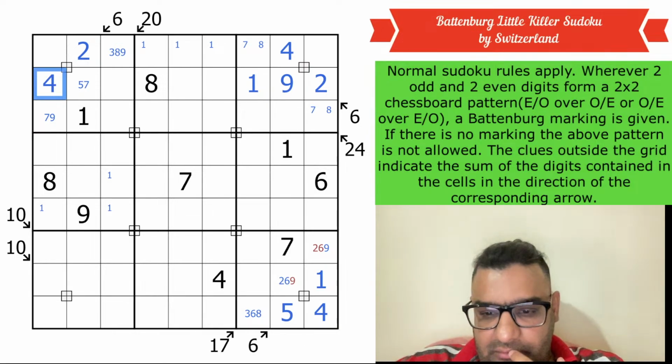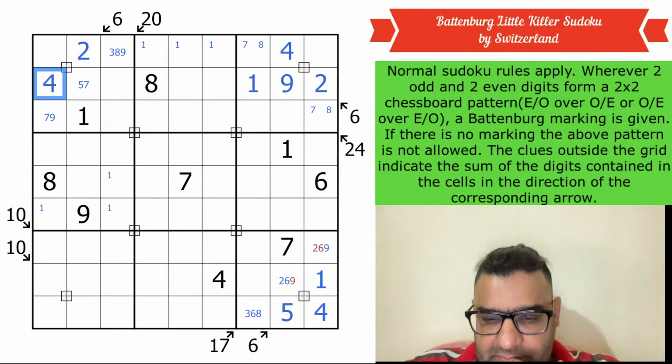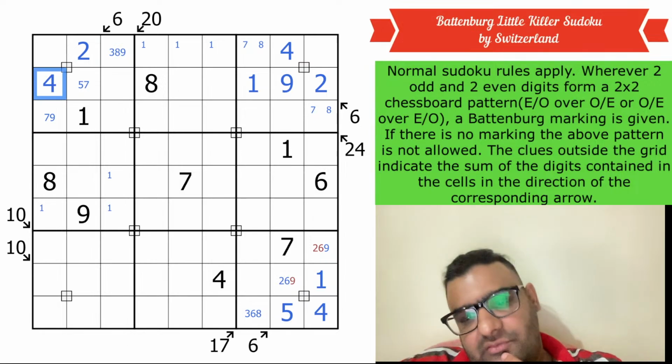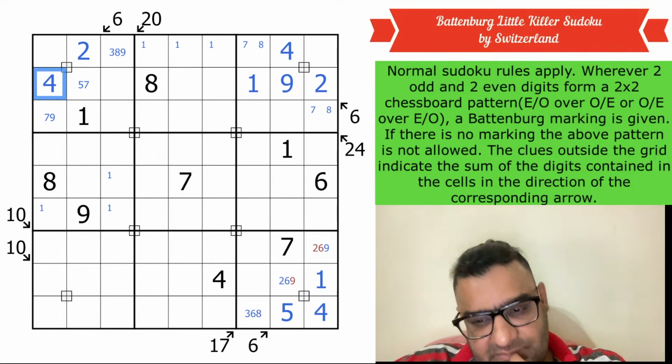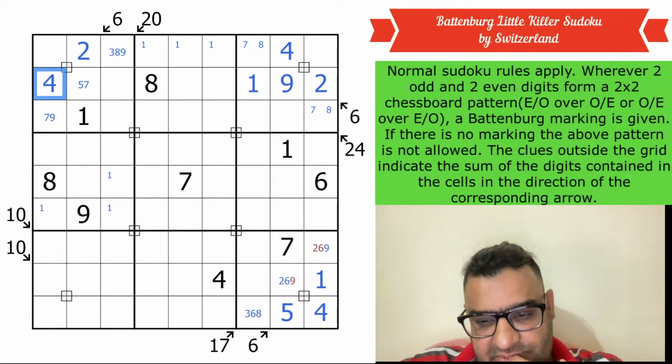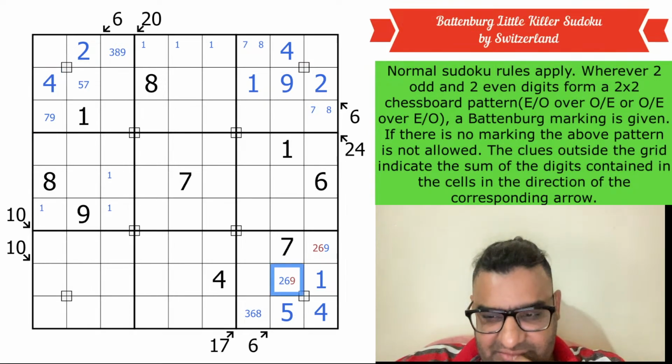We do not have to plus this. This only means it can have 2 or 6. So this number could also be an 8, so 2, 6, and 8.